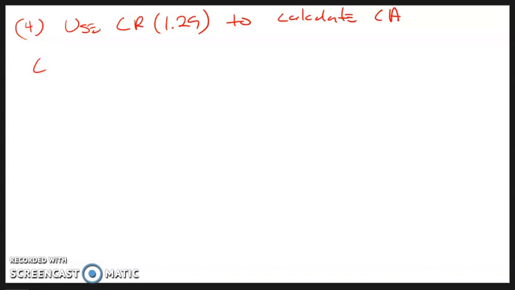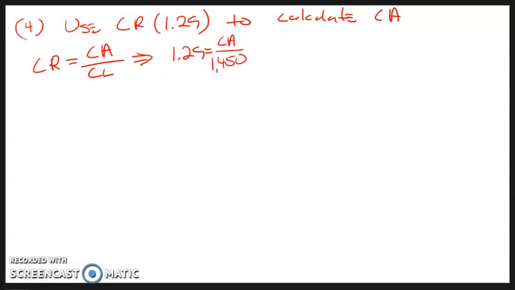The current ratio is current assets divided by current liabilities. 1.29 is our current ratio, and our current liabilities, you recall, is 1,450.